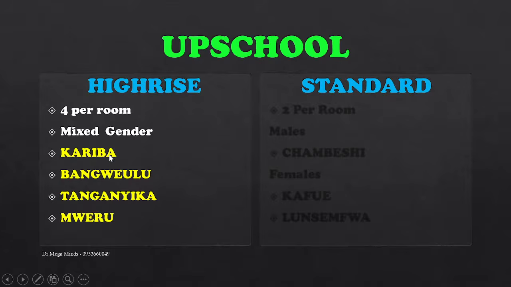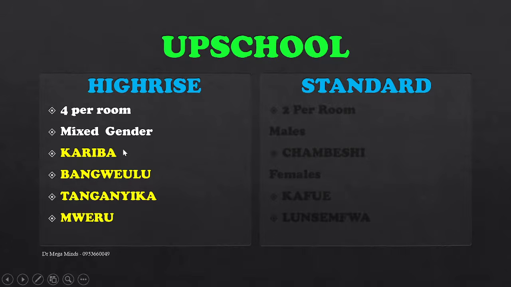Okay. So Kariba hostel, I said that this is an international hostel. So why is that? It's because international students, all these students who are coming from outside Zambia, be it South Africa, Zimbabwe, all these countries, are usually accommodated in Kariba hostel.